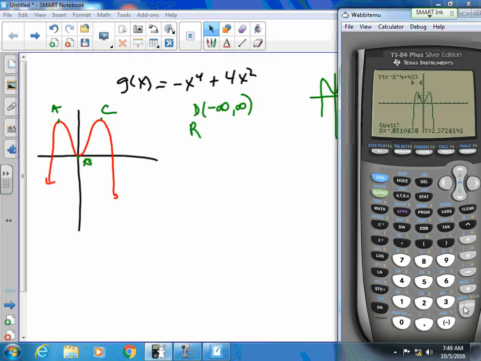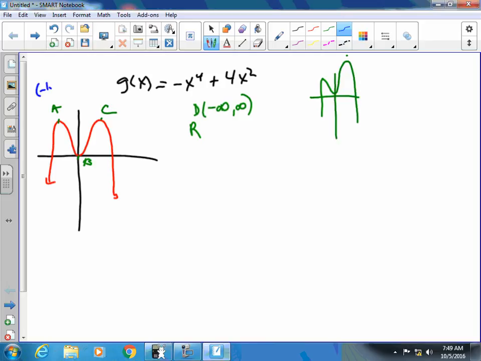On the board, I tend to use the cursor just so everybody can see it and watch it move. Find your maximums for both. Remember your rule of thumb, 3 decimal points. And find this maximum.